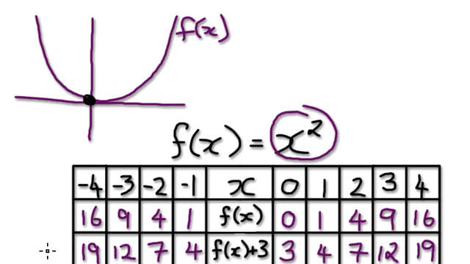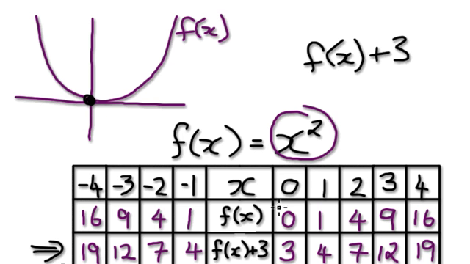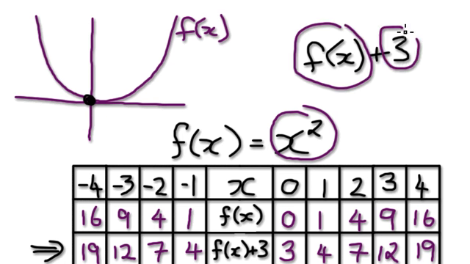But if you're trying to investigate what is f of x plus 3, then work out the old one and then add 3. Well, the old one, f of x, is 0, and here you're saying work out the old f of x and then add 3. Well, the old f of x is 0, and then you add 3, so it gets shifted up to 3.